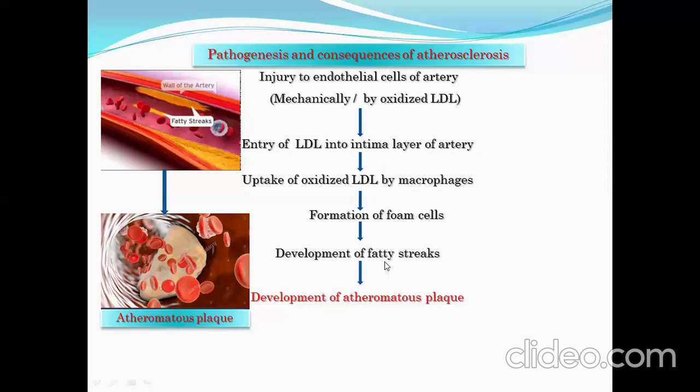Due to that, development of atheromatous plug is there. So this is the atheromatous plug. Just see here how the fatty sticky material is inside the vessels. And the molecules are going to attach on, and clot formation will take place.